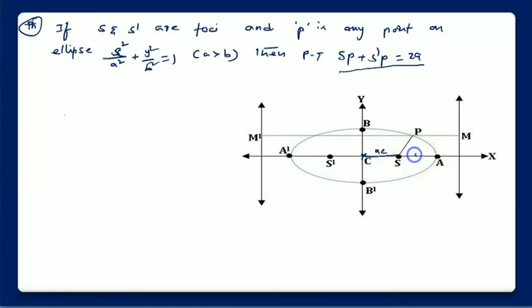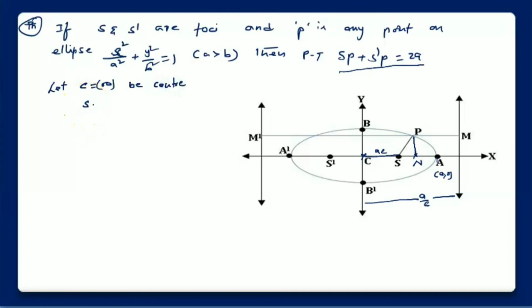Let us consider N to be a point here. This is PN. C to A is a units, so this is (a, 0). The directrix is at a distance of a by e units. So let C equal to (0, 0) be the origin, the center.